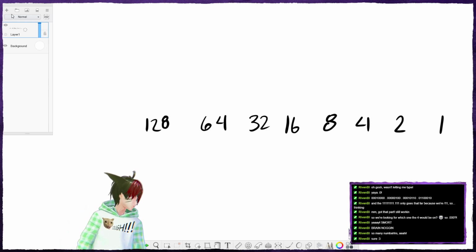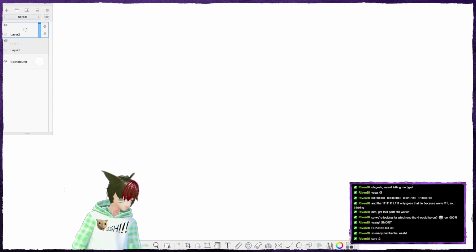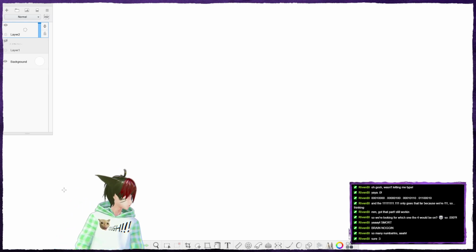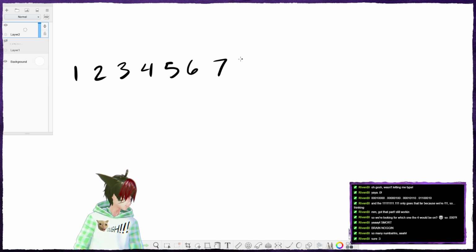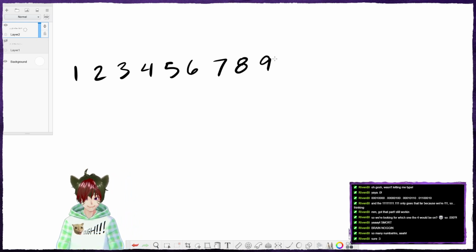The way the numbering system for hexadecimal, or hex for short, works. So we all know our decimal system. We go 5, 6, 7, 8, 9. What do you think goes beyond 9?